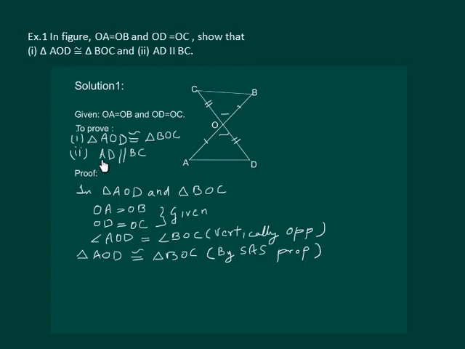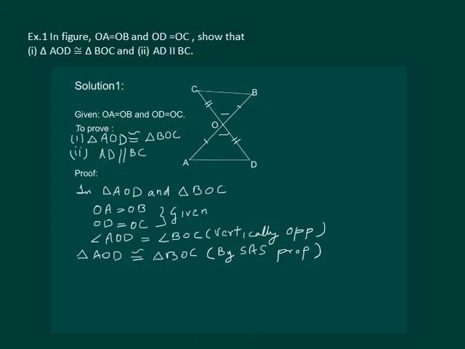Now it is very easy to prove the second part, that line AD is parallel to BC. Clearly, since the two triangles are congruent, so by CPCT, all the corresponding angles and the lines are equal.